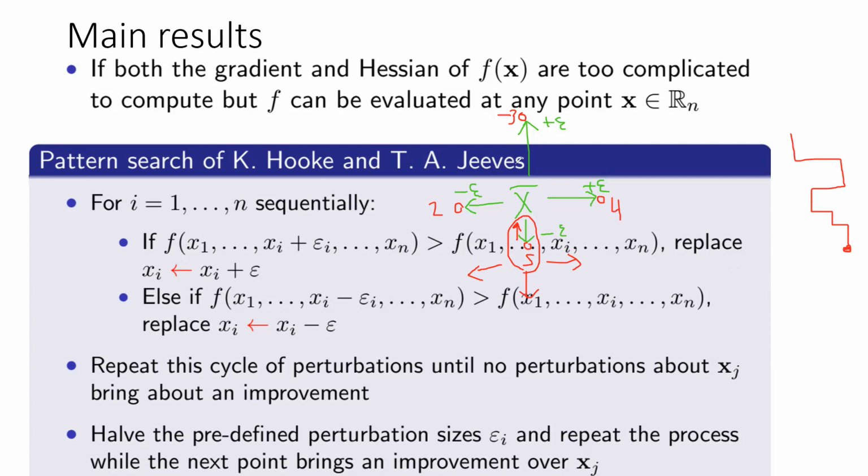Well, when does it work okay? If we are not far away from the optimal point. So after some cycles of finding this value, if we don't move from our point to anywhere, what we do is we replace the number epsilon.